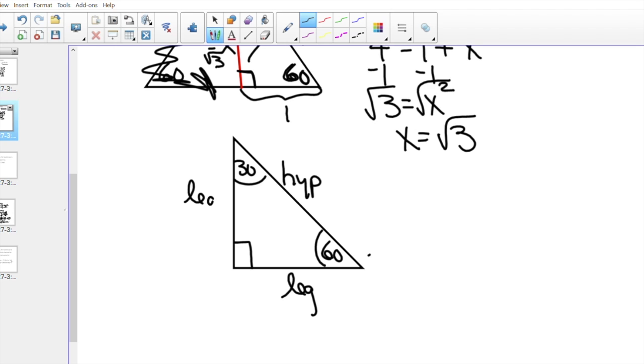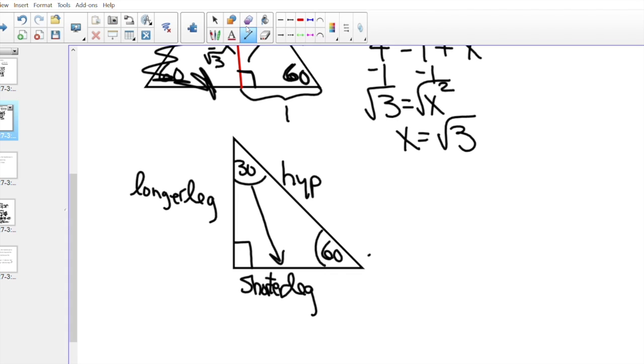Okay, now here's the situation. The leg opposite the 30-degree angle is shorter than the leg opposite the 60. So that one is the longer of the two legs. The longer leg is opposite the 60-degree angle.